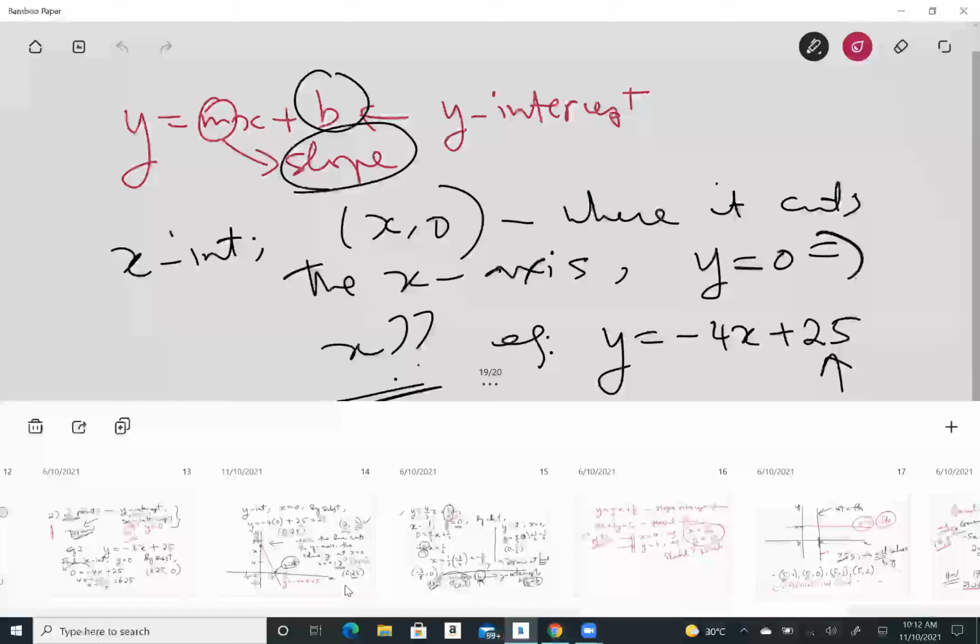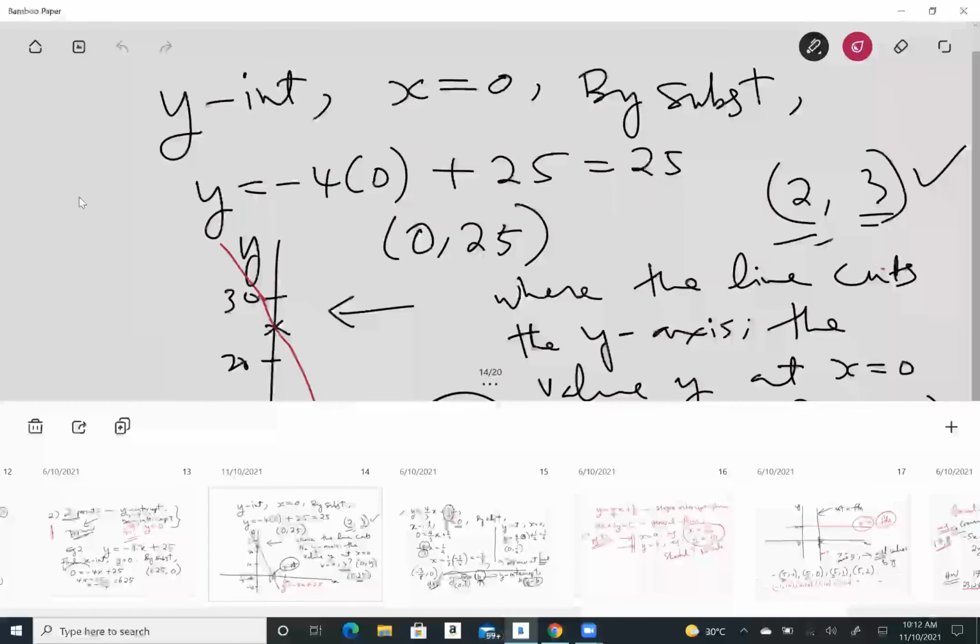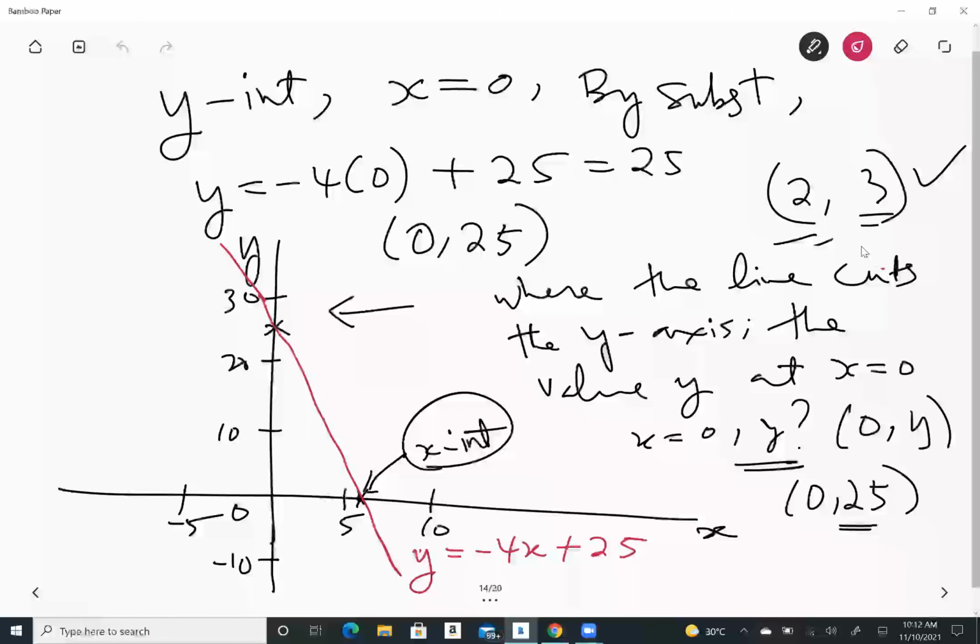Now, when we say downward, what we mean is that the line is going downward from the left to the right. When you look at the behavior of a line, we are talking about from the left to the right. In other words, from the lowest value of x, a negative lower, to the higher.